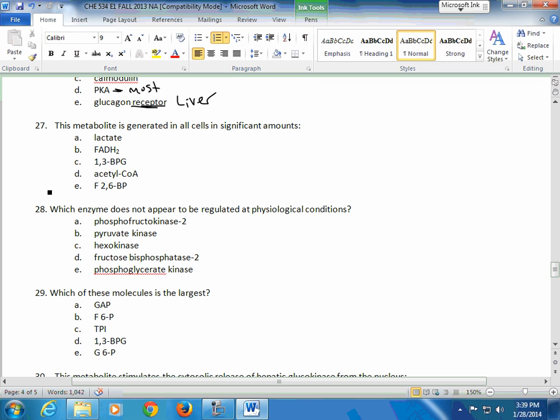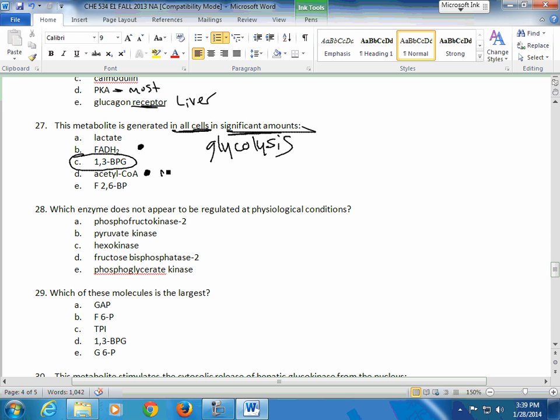This metabolite is generated in all cells in significant amounts. So usually what he's going for here is any metabolites of glycolysis, any metabolites or any enzymes. So in this case, 1,3-BPG is going to be in all cells. Acetyl-CoA and FADH2 is in the further oxidation of glucose in the Krebs cycle and oxidative phosphorylation.